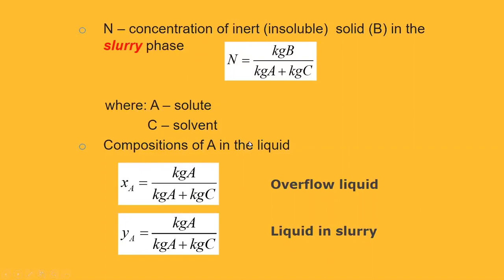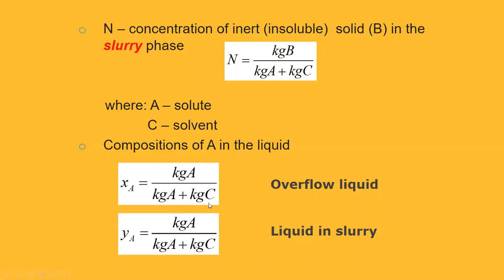As to compositions of A in the liquid, whether it's the overflow liquid or the underflow liquid, we have kilogram A in the numerator, X for the overflow, Y for the slurry. And the denominator is kilogram A plus kilogram C, just like in here.